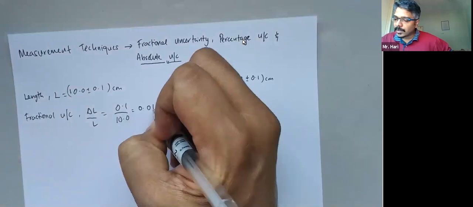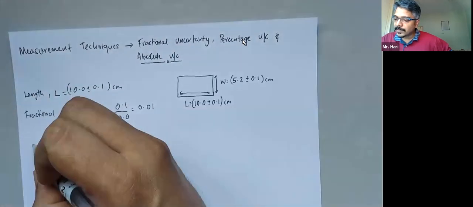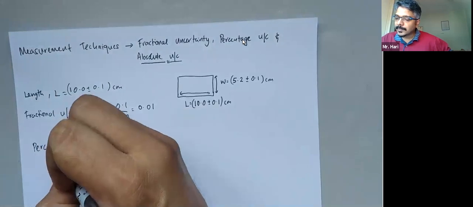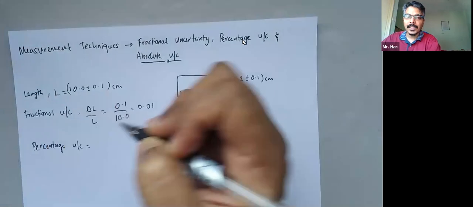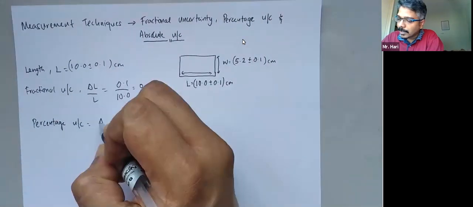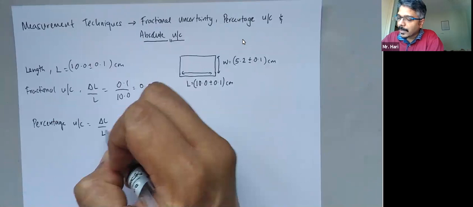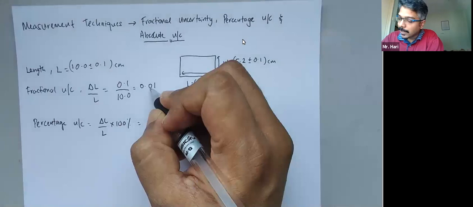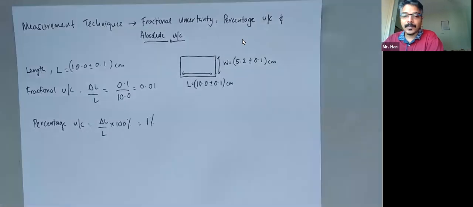Or if we take the percentage uncertainty, meaning we take this value delta L over L times 100%, so 0.01 times 100%, I will get 1%.